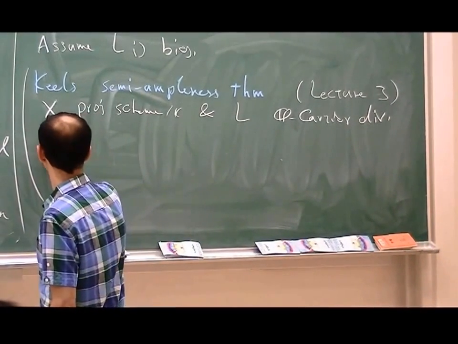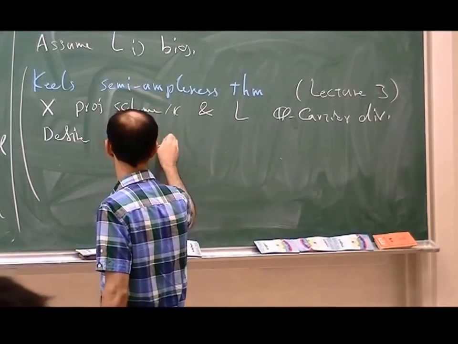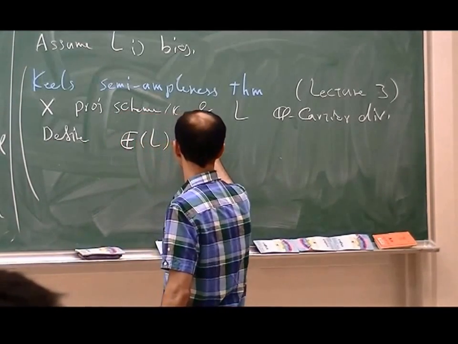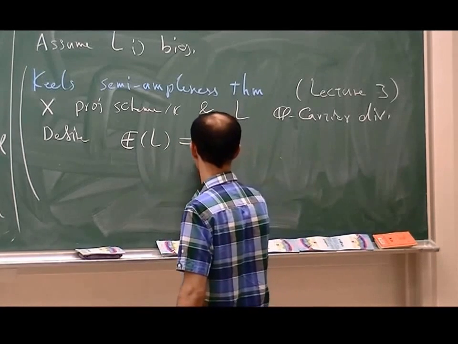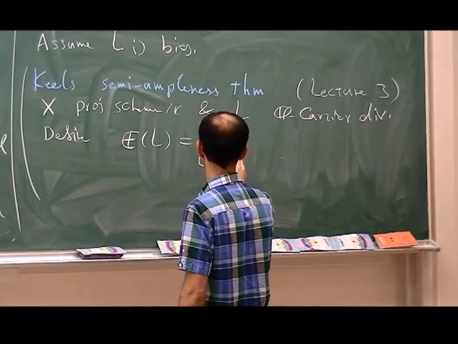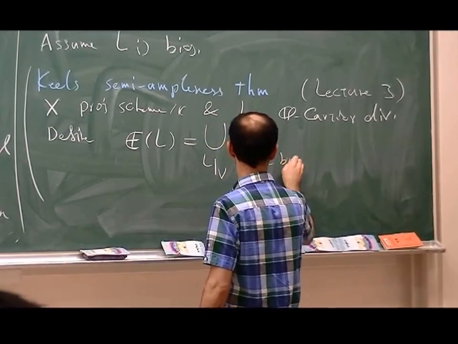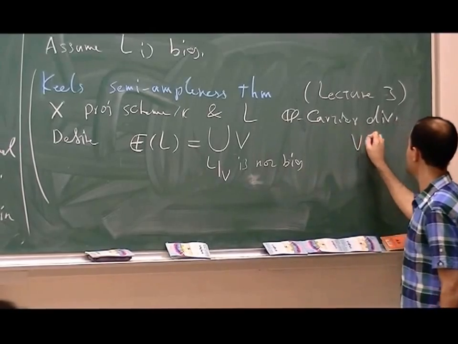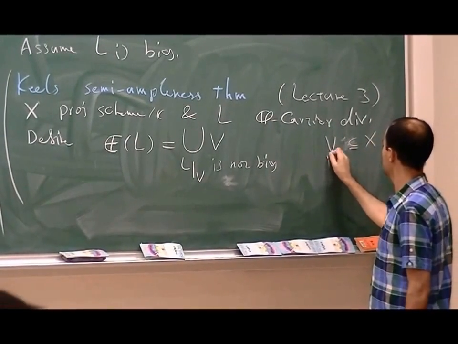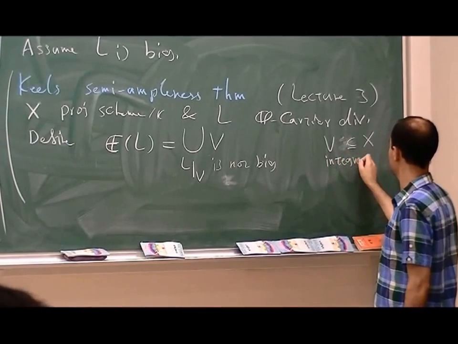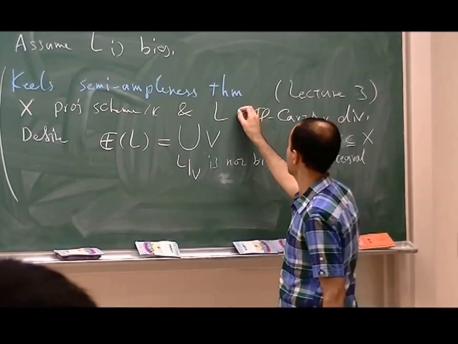Now, define the following set first. Define the exceptional set of L to be the union of all integral subschemes Z such that L restricted to Z is not big. Oh, sorry, I also forgot to say nef. This is very important.